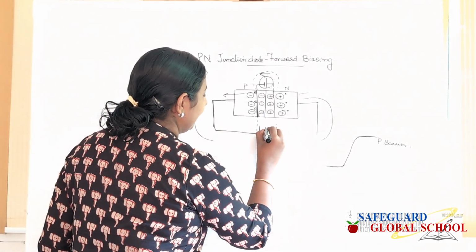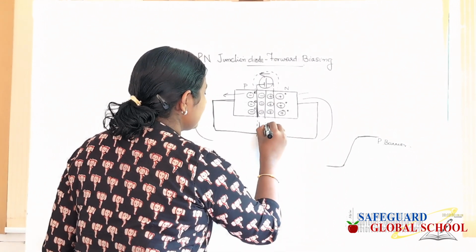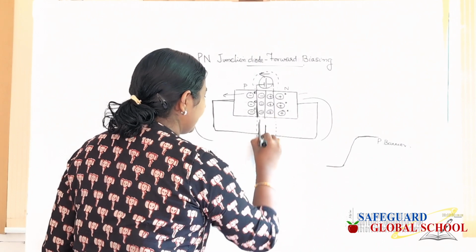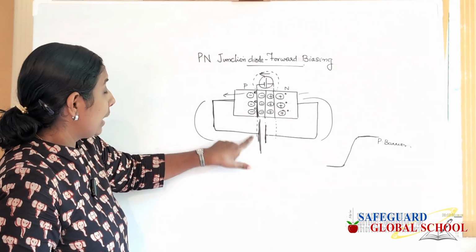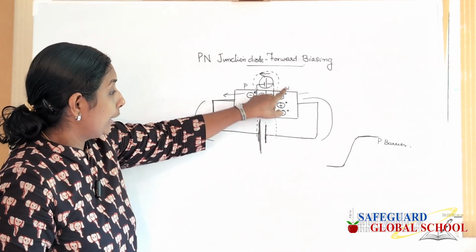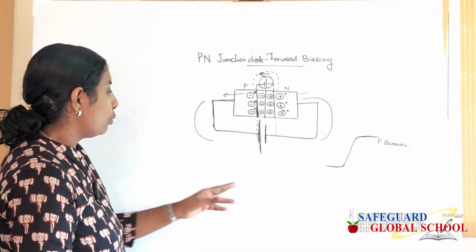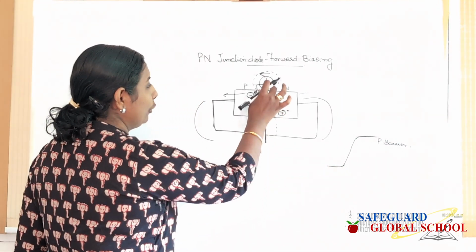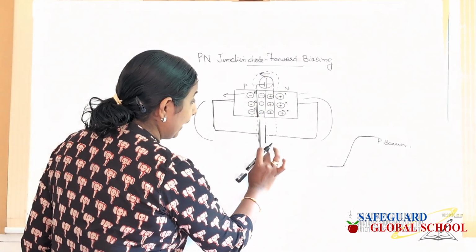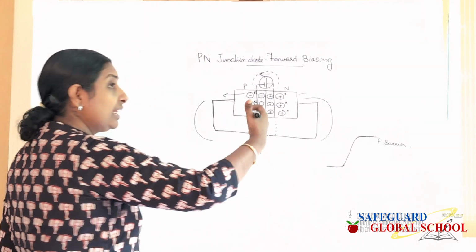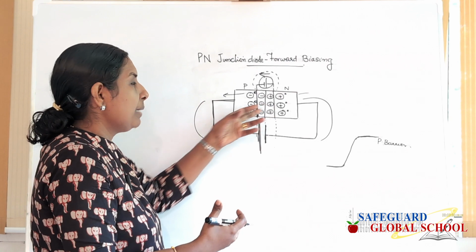While we are trying to incorporate a battery in its forward bias, the diode is in the forward biased condition. So P to the higher potential and N to the lower potential. The potential barrier is here. If some value of potential barrier is here and I apply a battery and increase the strength of the battery, or the potential of the battery, what happens to the potential barrier?